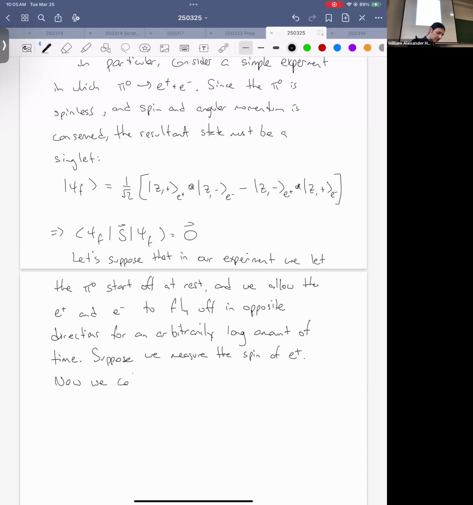Now we collapse the wave function and immediately know what the result of any future measurement of E minus will be, no matter the distance.